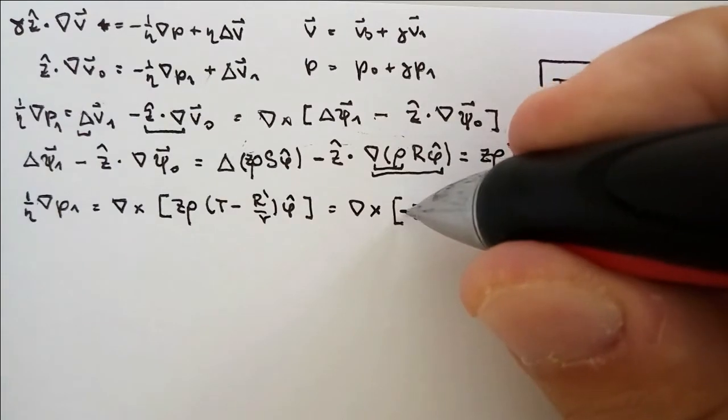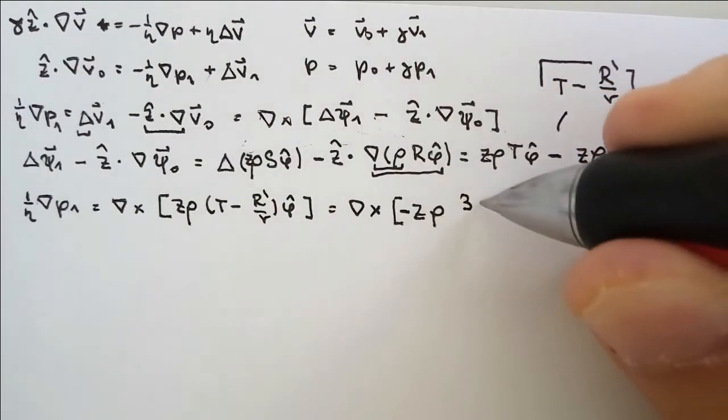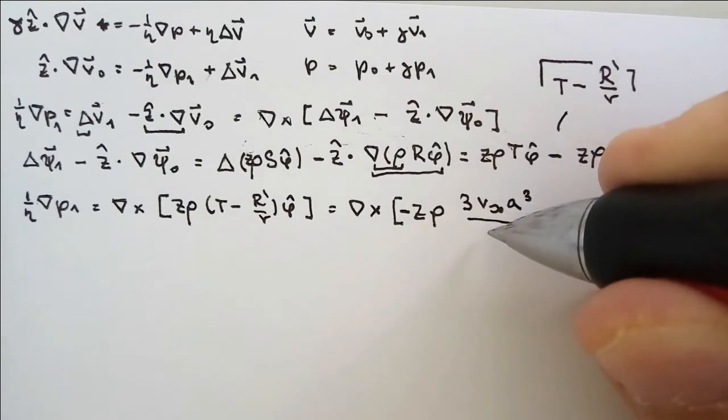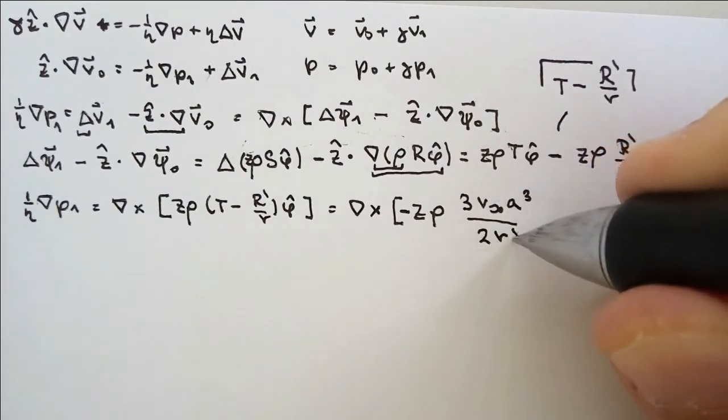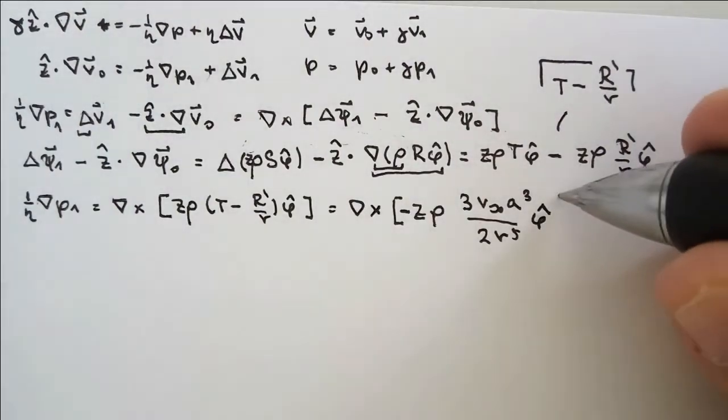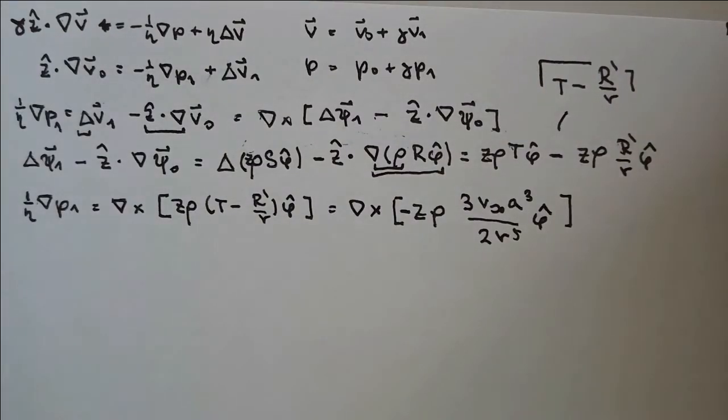It's minus 3 v infinity a cubed over 2 times r to the 5th power times phi hat. Yes, it's really neat.